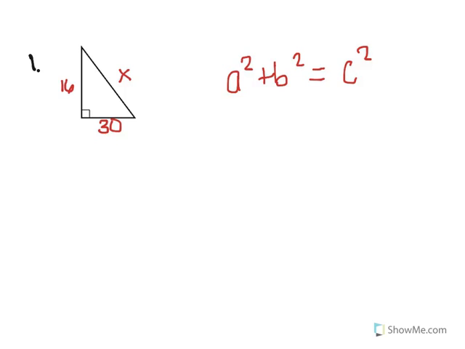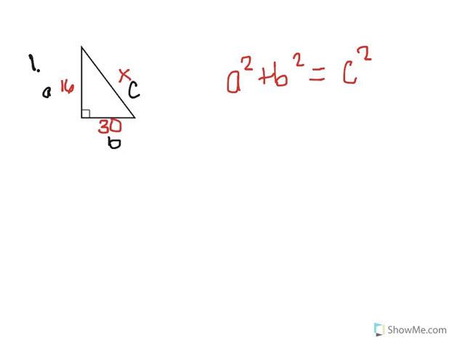Let's label 16 as a, 30 as b, and again, those are interchangeable. I could have written b next to 16 and a next to 30, but we'll just keep it this way. It doesn't matter. But very important that x is our c, our hypotenuse.